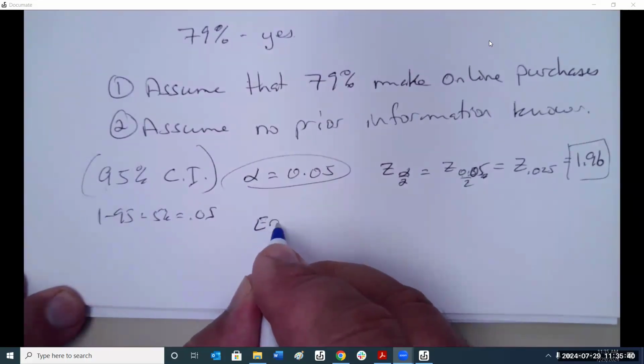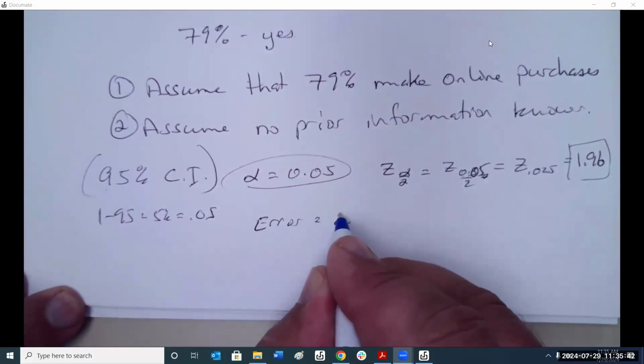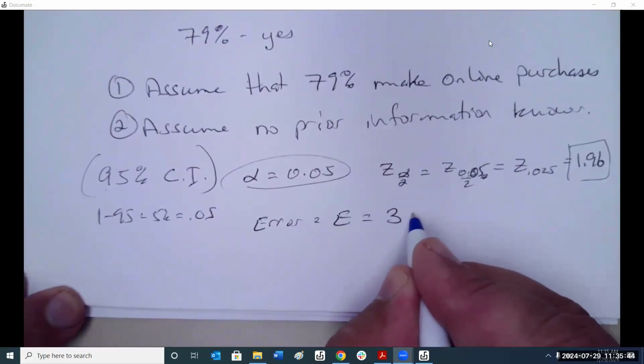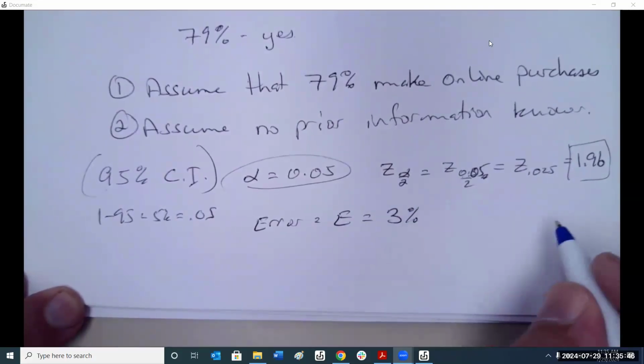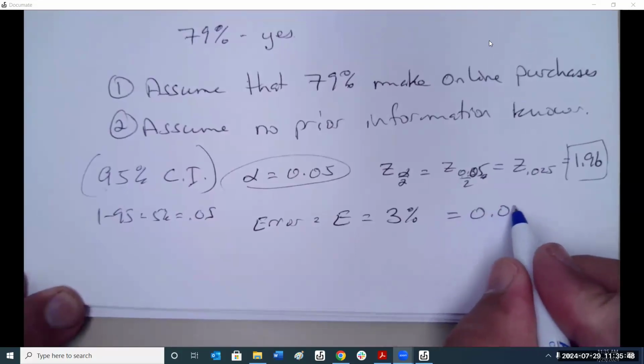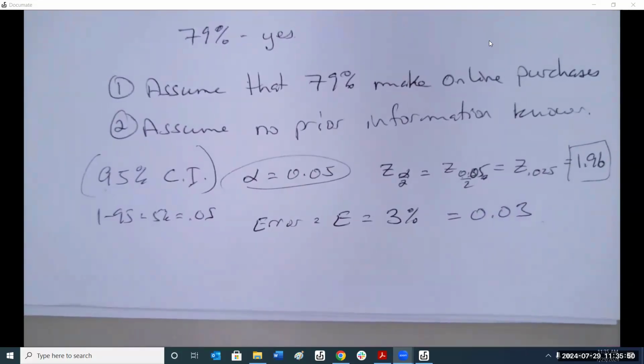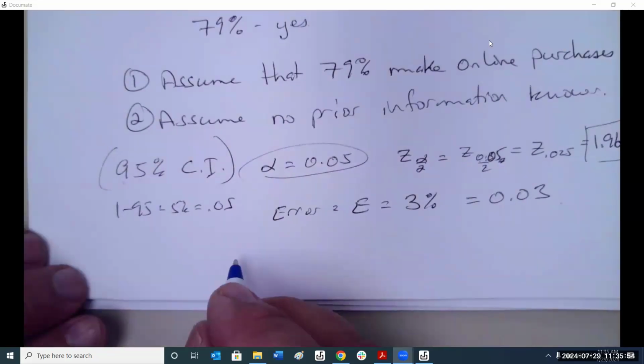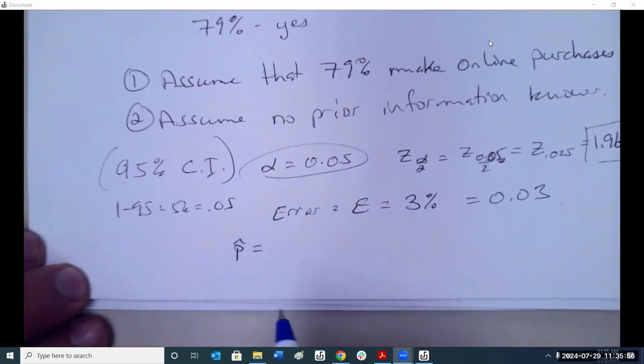And our error factor E, margin of error, was 3%. So what would P hat be?